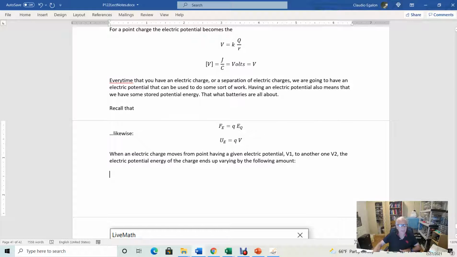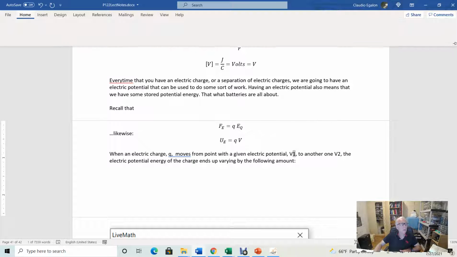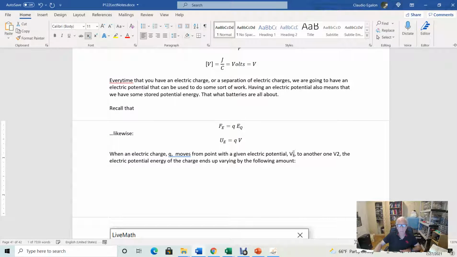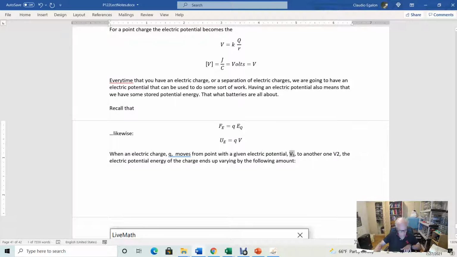When an electric charge Q with a given electric potential V1, the electric potential energy of the charge ends up varying by the following amount.